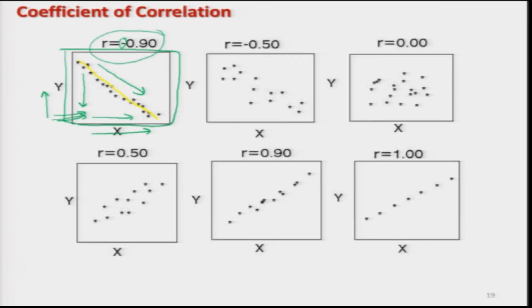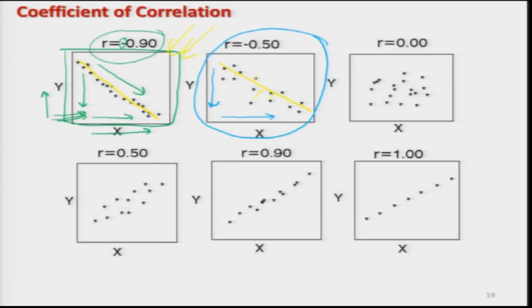And similarly, in the next figure, you can see when we are trying to increase the value of x, the values of y are decreasing. And in this case, if you try to create the trend line, this will be like this. Now, in case you compare this picture, most of the points are lying close to the line, but these points are not as close as in figure number 1.